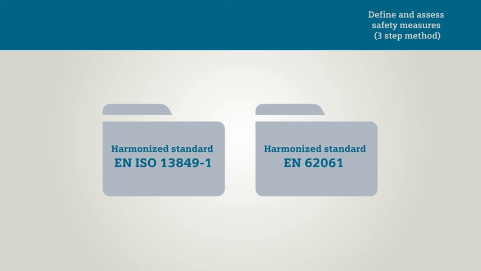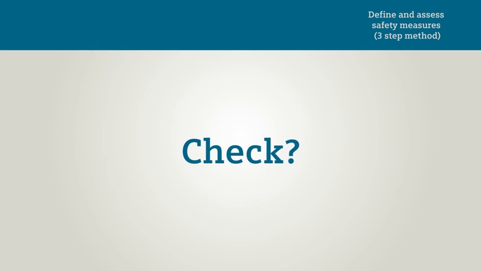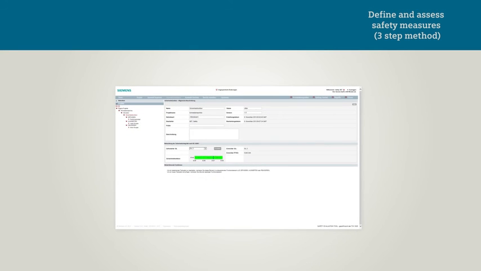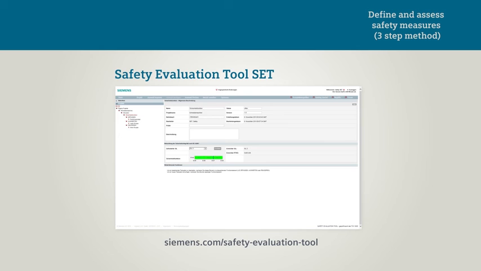The safety concept must be assessed and documented by means of the failure probability calculation. But how can you check whether you have achieved the determined safety level through your safety functions? Use the Safety Evaluation Tool, SET for short, from Siemens, which is free of charge. For more information, refer to siemens.com/safety-evaluation-tool.